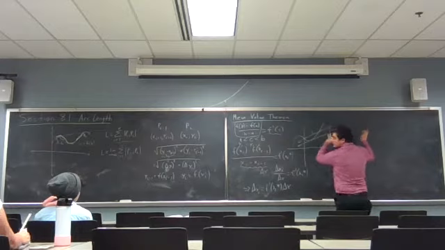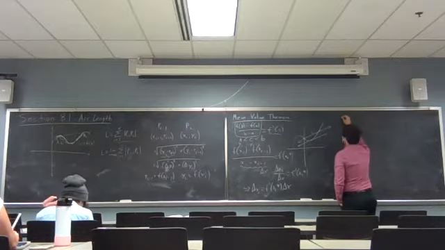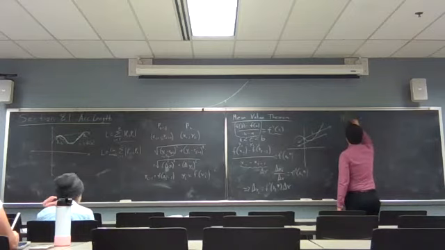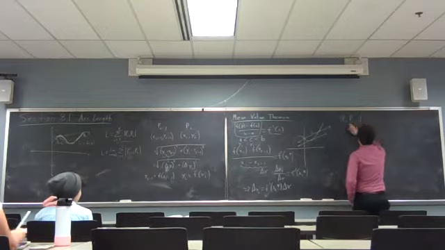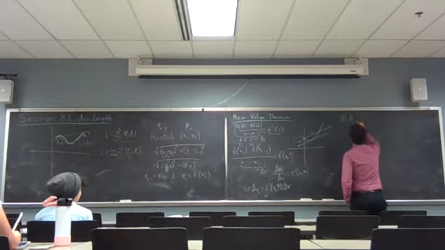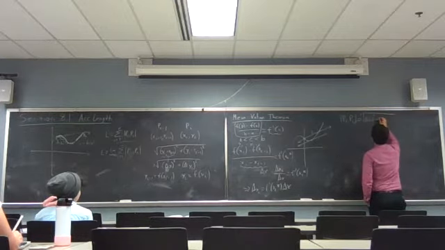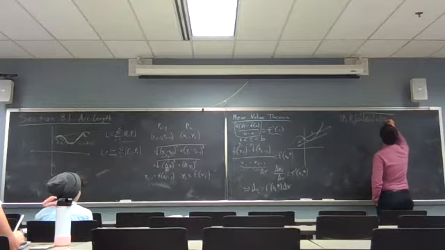So my length now, my p_{i-1}p_i, it doesn't matter which way you write it, it's the same thing, is equal to the square root of delta x squared plus f prime of xi star delta x, squared.